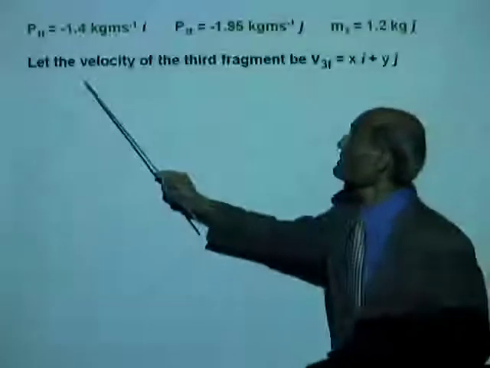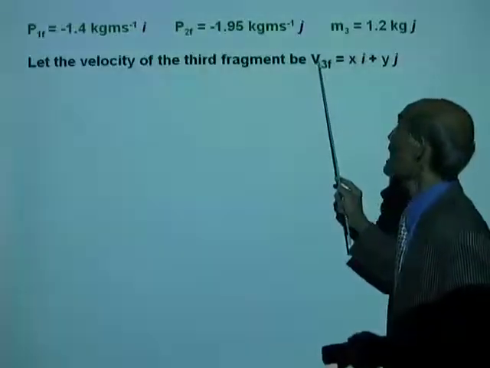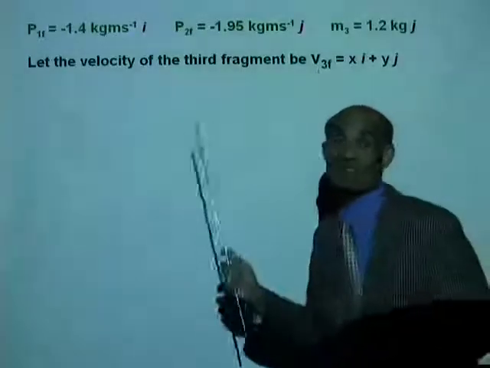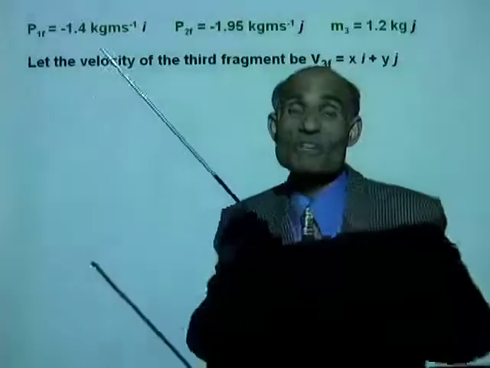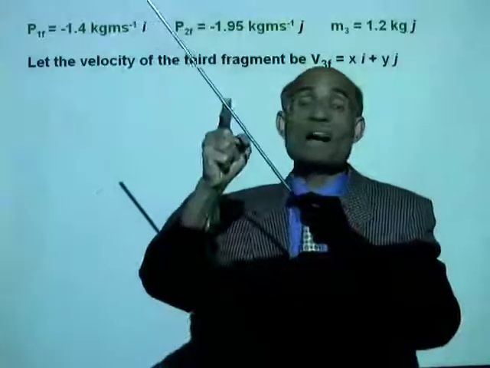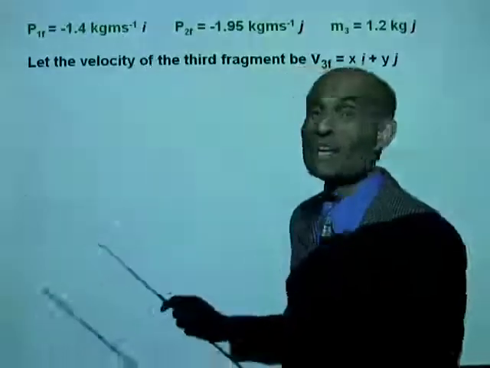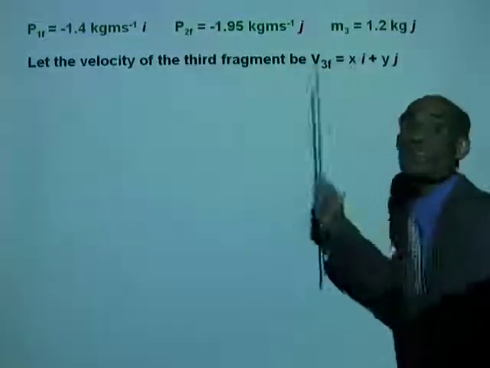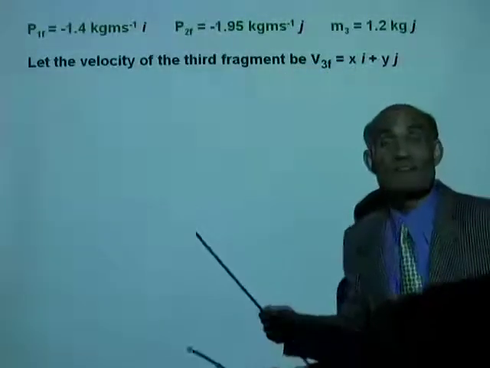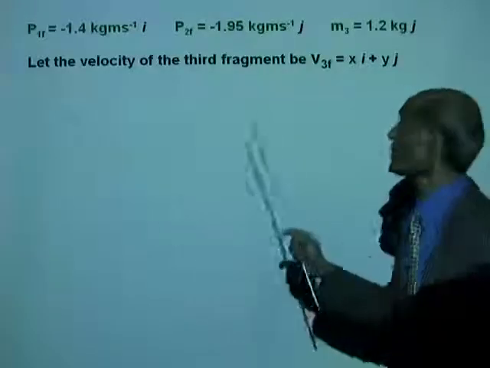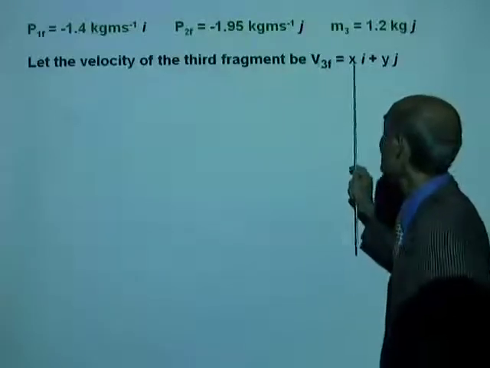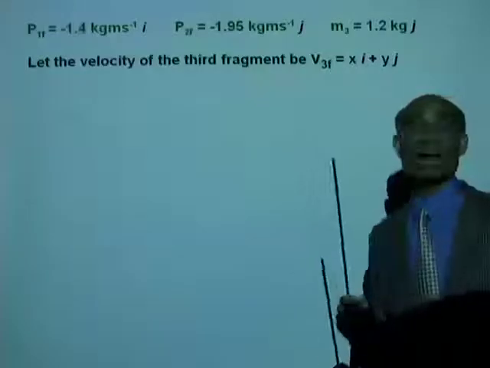Okay, let the velocity of the third fragment v3f, remember v3f is the velocity that makes an angle with the x-axis. So let's say its x component is x and its y component is y. So let v3f be xi plus yj.